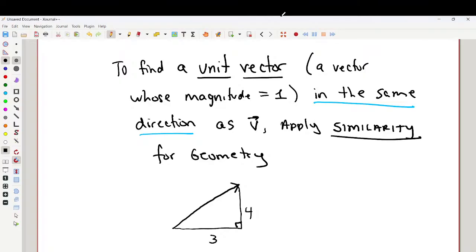Everyone good with that? So right now, the magnitude of v is 5. Here's its direction. We don't actually need to know that angle. I want a unit vector. This is what I want. It's in the same direction, but it's not 5 in magnitude. This is what I crave.